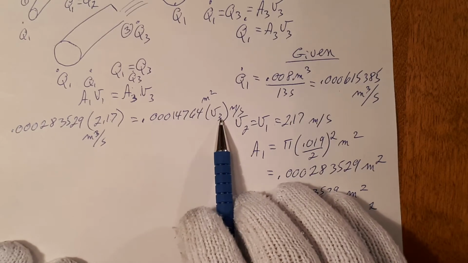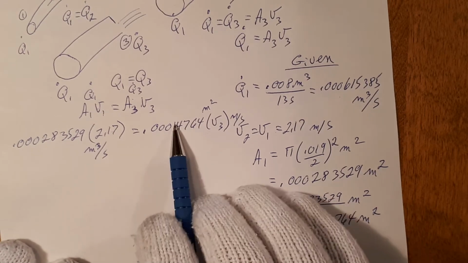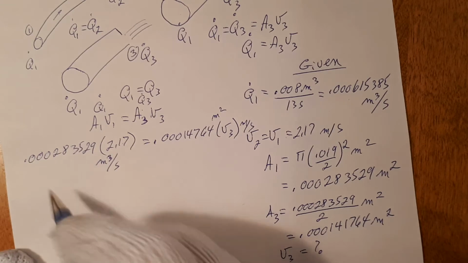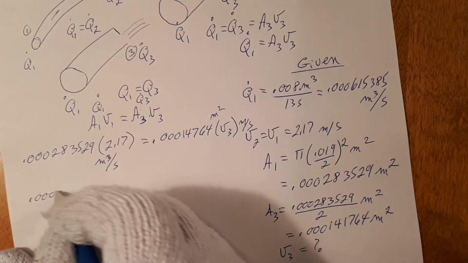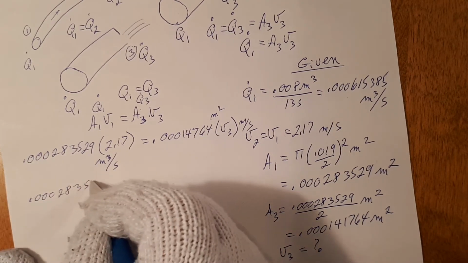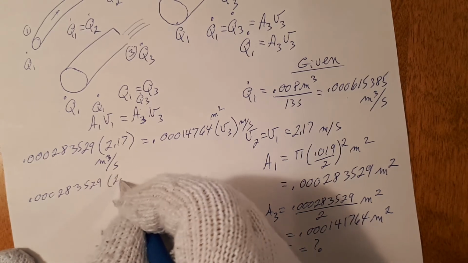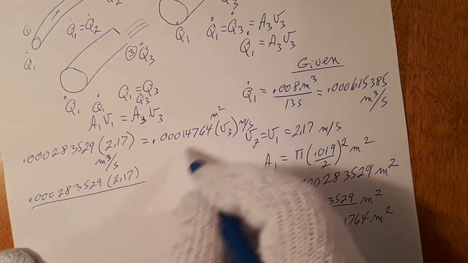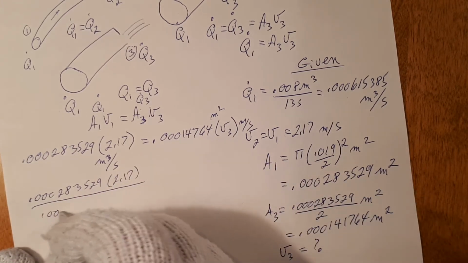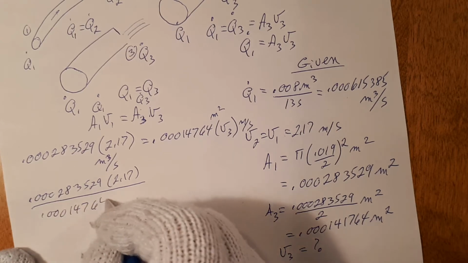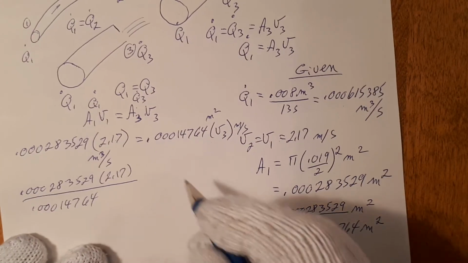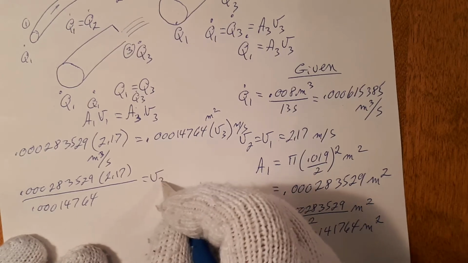Isolating V3, which is what we want to find, dividing both sides by this term. Times 2.17, everything divided by 0.000141764. That will be velocity 3.